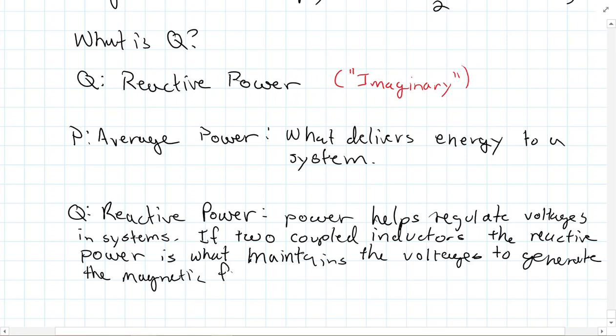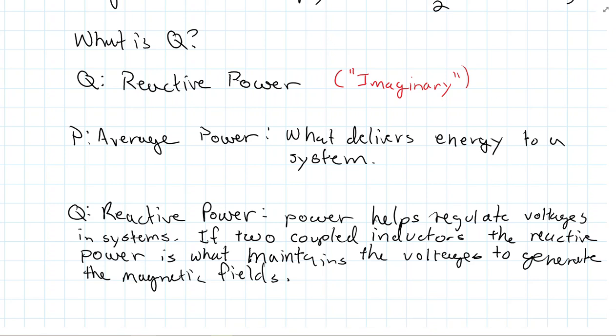You might say, well, what's the big deal about this? Well, if those magnetic fields collapse, if we don't have those magnetic fields present, an inductor won't work. The whole point is an inductor's coupled, and you've got a current running through the inductor, which gives rise to a magnetic field, and that magnetic field, because it's changing, induces a current in the secondary coil.